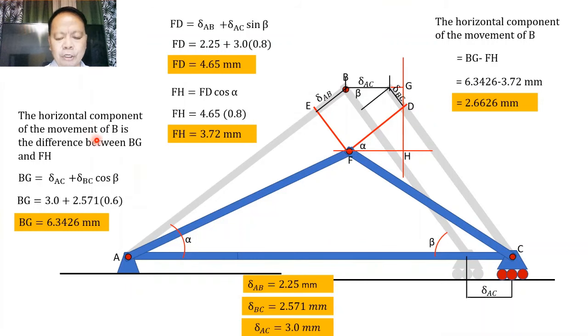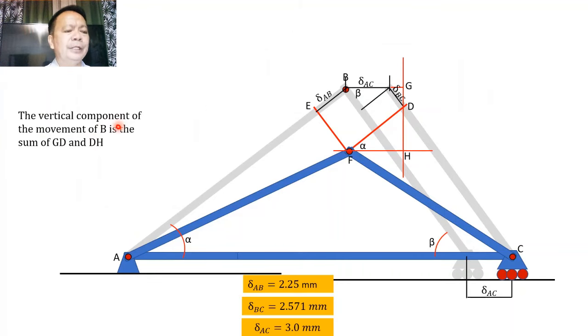So the vertical component of the movement of B is the sum of GD and DH, where GD is equal to the vertical component of the deformation of BC, which is equal to the deformation of BC multiplied by sine of beta. Substituting sine of beta, which is equal to 0.8, we get a value of GD equal to 2.0568 millimeters.